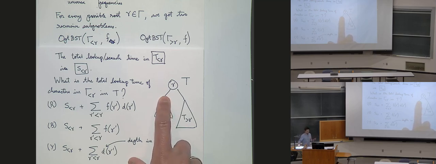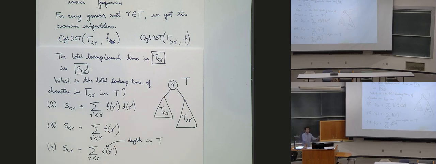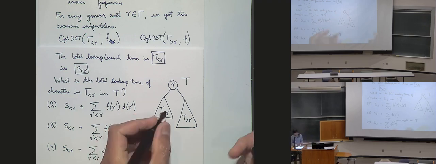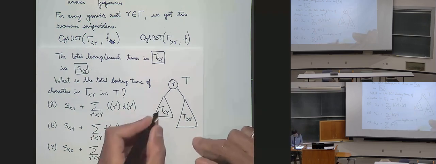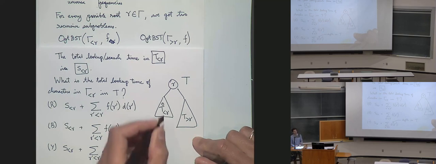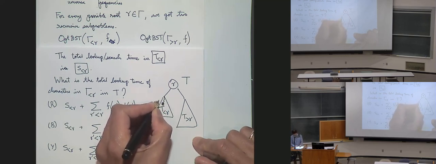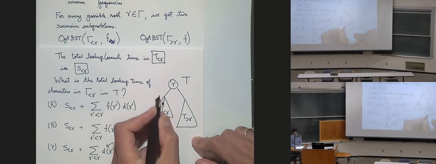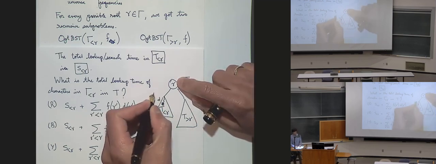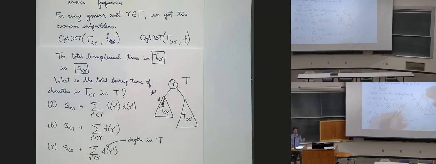It's exactly gone up by 1. I don't know if that helps. Can you re-explain why the depths go up by 1 in the larger tree? Let's just say you have some character that's down here. This has some depth d. What is its depth in the bigger tree? It's d plus 1. That's all I'm saying.